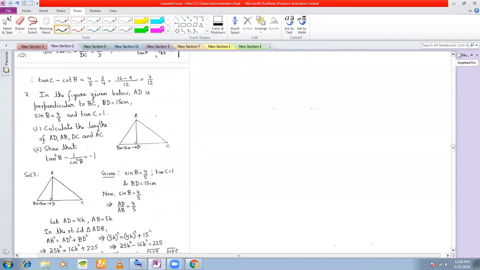Let's draw the diagram first. This is the given diagram.